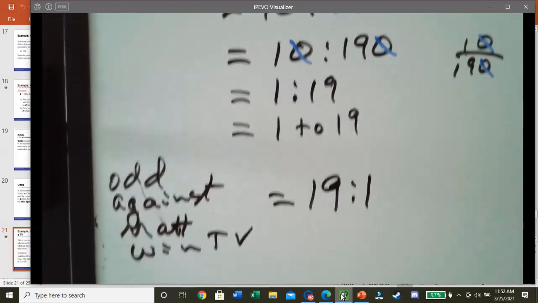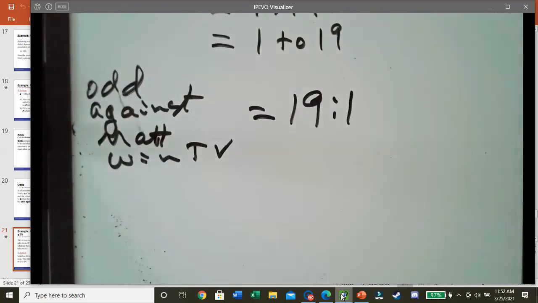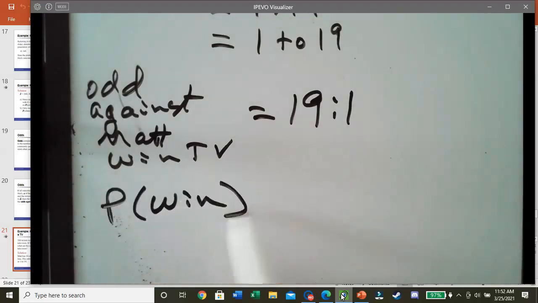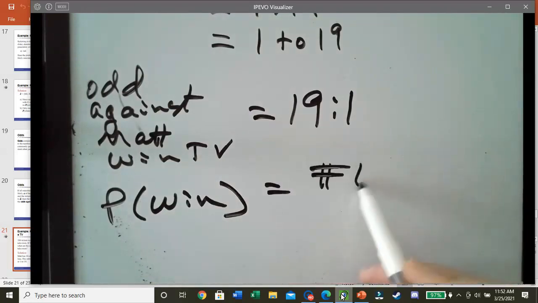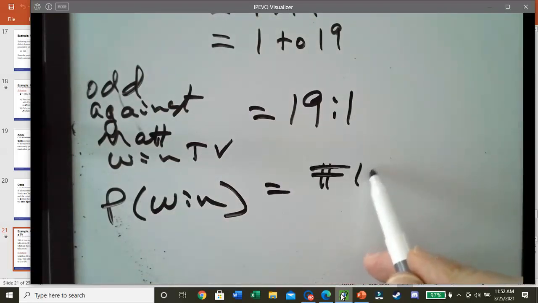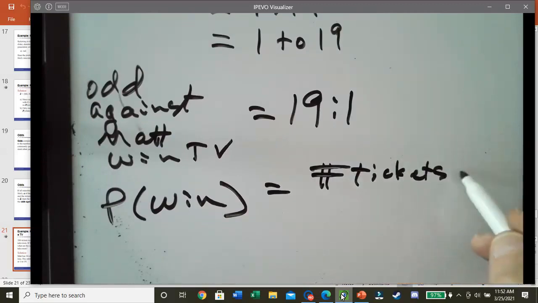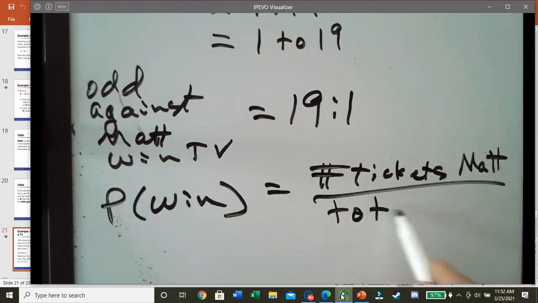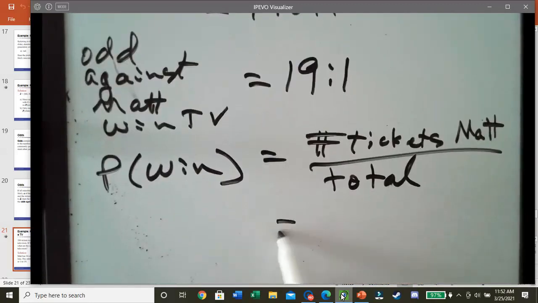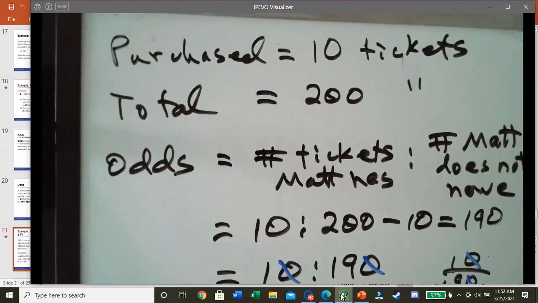Okay. So, if we wanted the probability of winning a TV set, that's the number of tickets Matt bought over the total. Well, Matt bought how many tickets? 10.